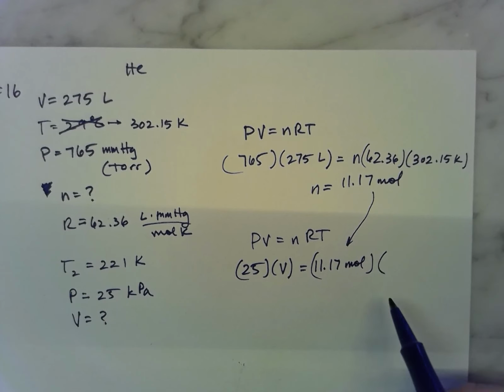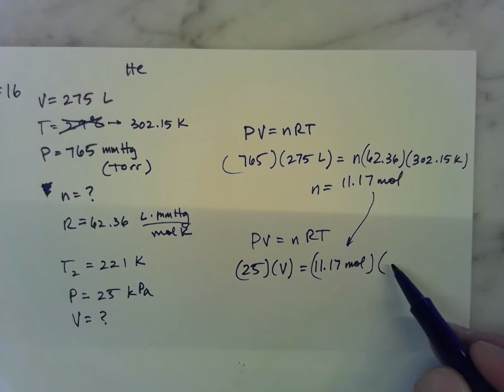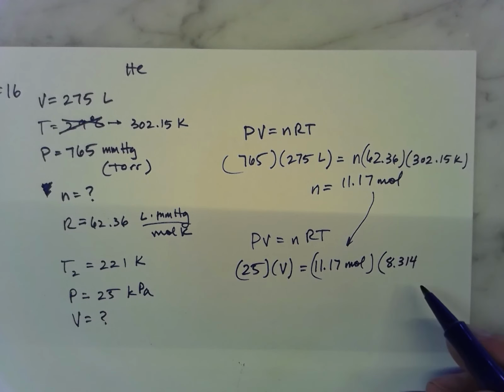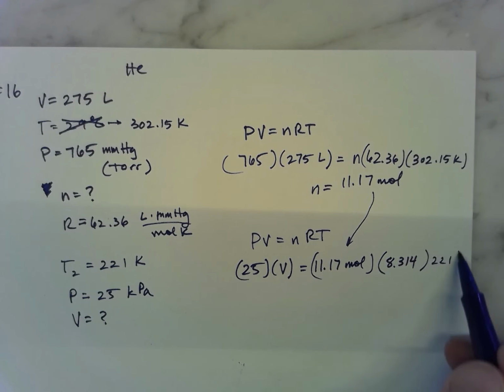R, we're going to need a new R because we've now got kPa. We'll solve for liters, that's fine. So we'll just use this first one, 8.314 liter kPa per mole K. Well, now we just need our new temperature, 221.